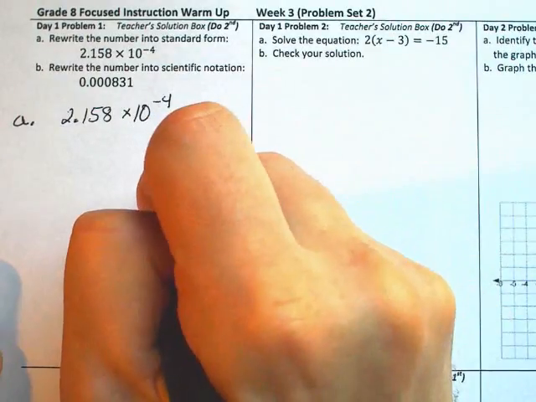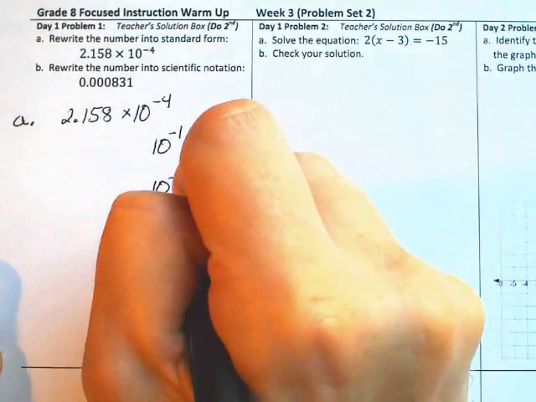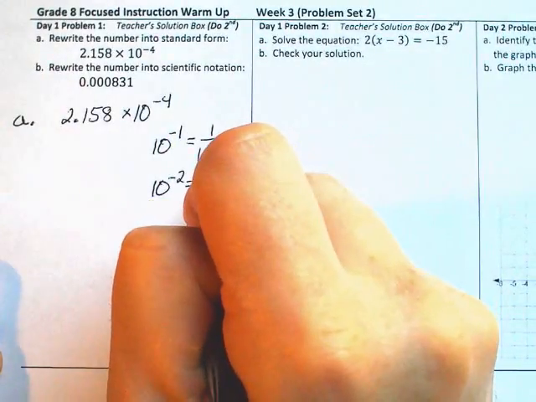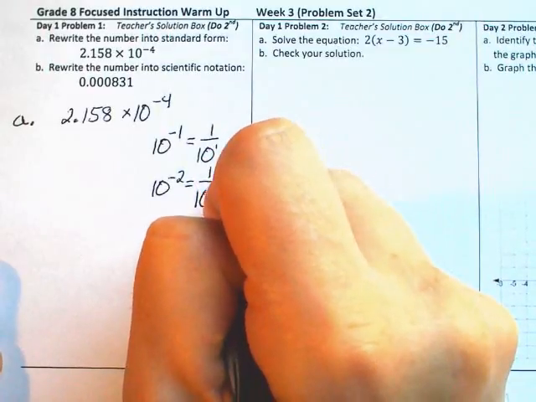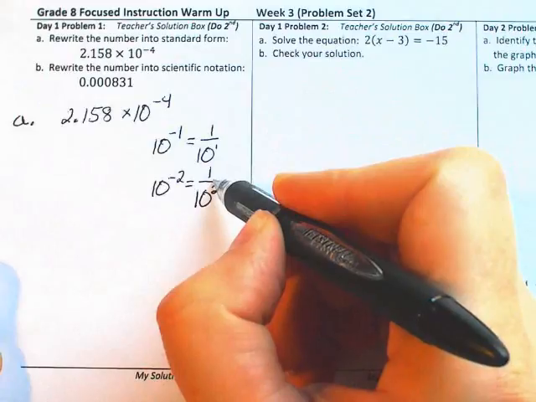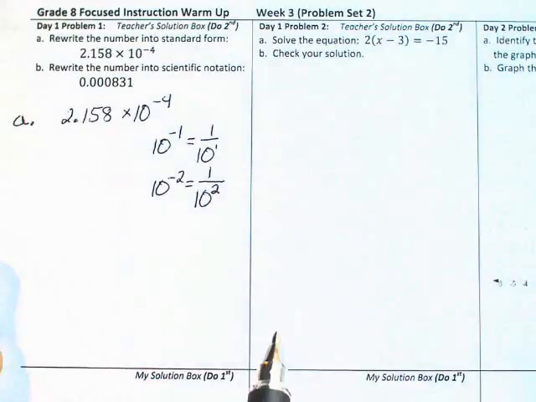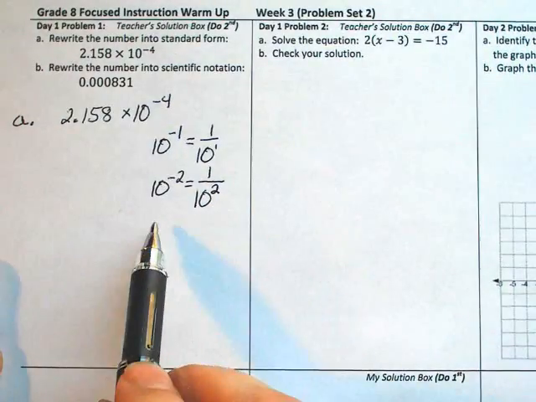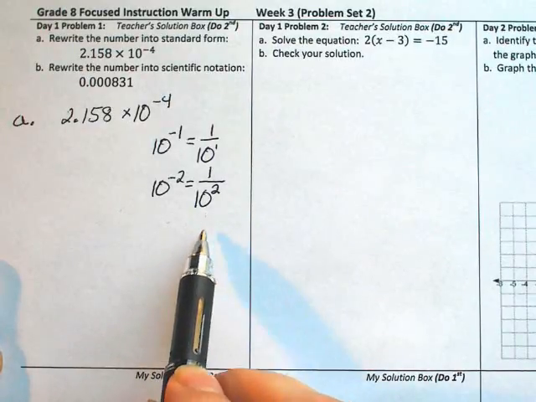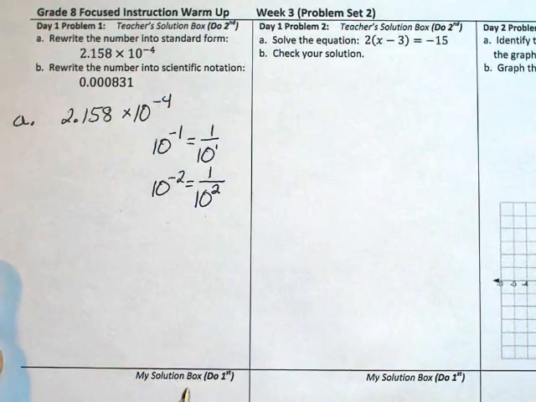Now, 10 to the -2 power is equivalent to the fraction 1 over 10 to the 2. Or another way of writing this would be 1 over 100, the fraction 1/100th. And then 10 to the -3 power would be 1 over 10 to the 3rd power, and so on.